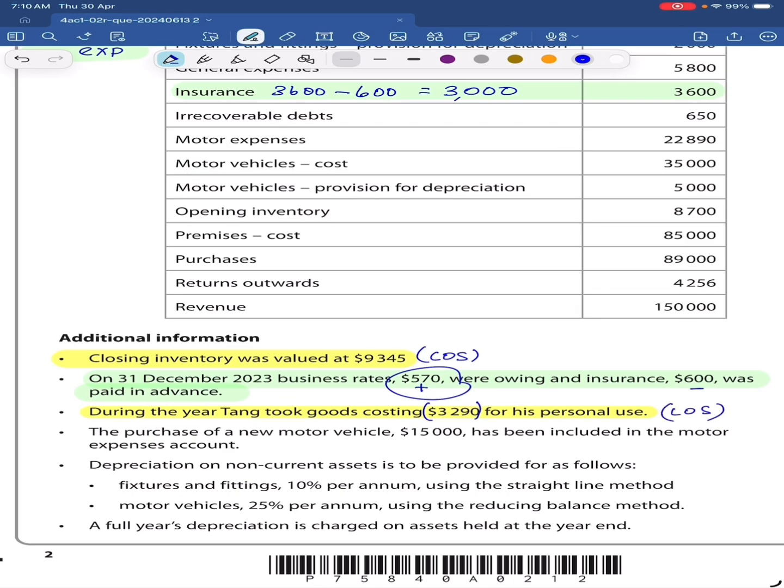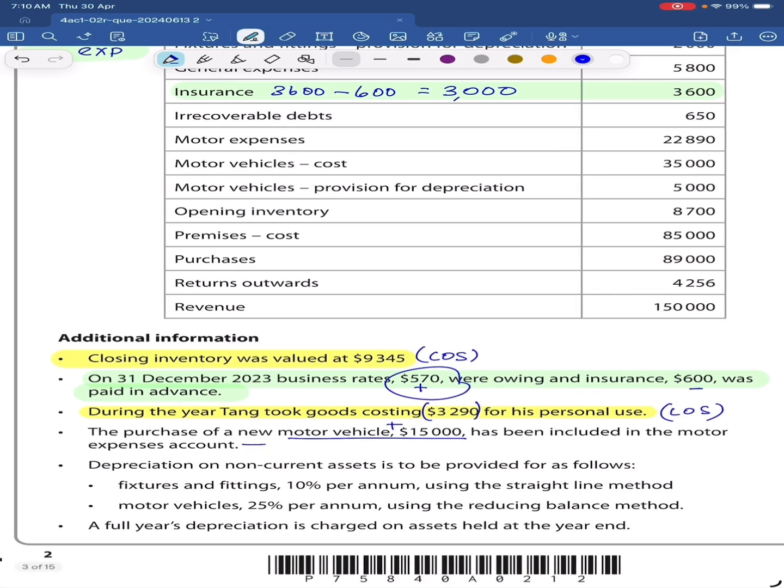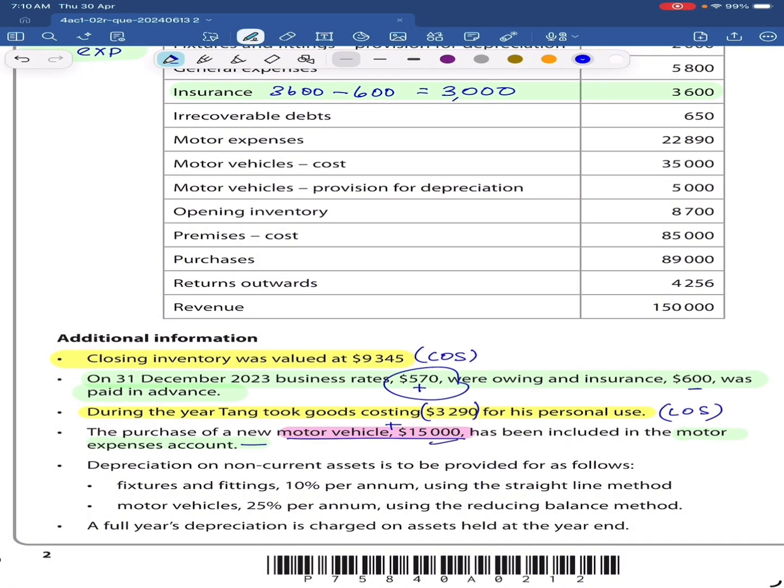The purchase of a new motor vehicle, 15,000, had been included in the motor expense account. So you add this to the motor vehicle account and deduct it from the motor expense account. So this impacts the expense, and this one impacts the non-current assets such as motor vehicle. So let's adjust that. This 15,000 is to be deducted from the motor expense account.